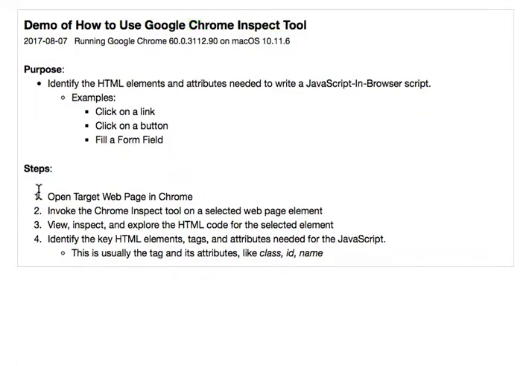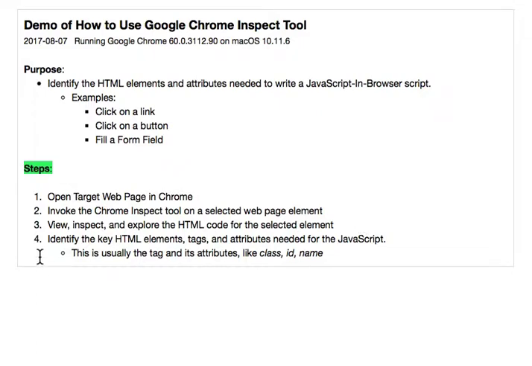So the steps that we're going to follow here are, number one, we're going to open up a web page in Chrome. This is obviously the page that you want to automate. We'll then invoke the Chrome inspect tool on one or more selected web page elements that we want to control. And then we will look at the Chrome development environment where we can view, inspect, and explore the HTML code for the selected element.